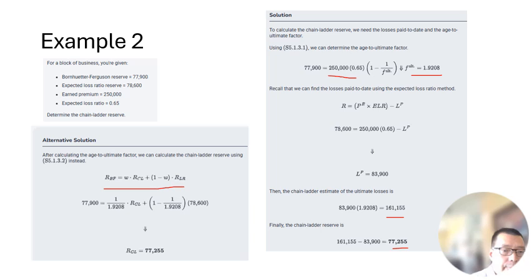Then you can derive that the chain ladder method will give you 77,255. So this is the alternative solution. Just utilize the second slide we talked about previously, using the weighted claim reserve to be the Born-Hütter-Ferguson reserve.